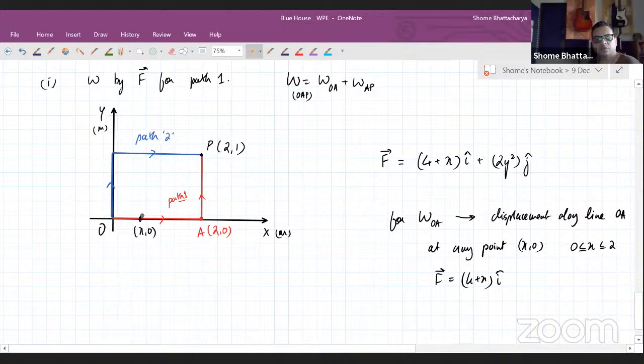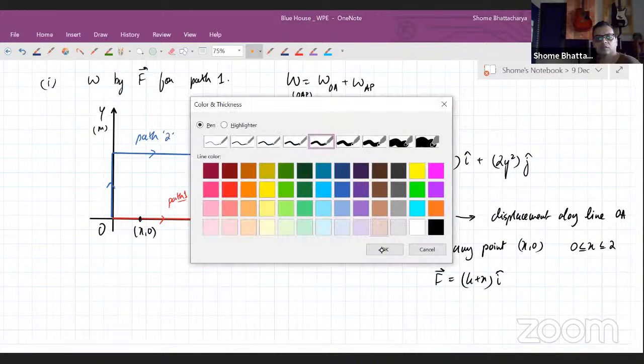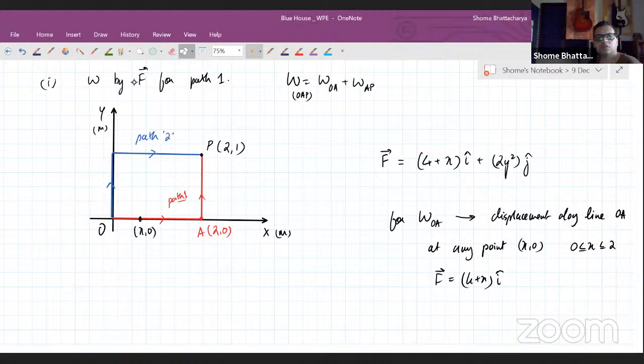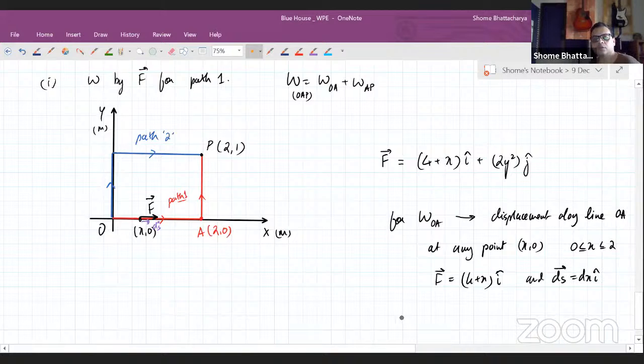So the force acting at this point will be just a horizontal force which is variable, and obviously the displacement is along the x-axis. Since you're moving along the line OA, your displacement just has an x component. So work done from O to A is nothing but the integral of F dot ds from the point O to the point A.